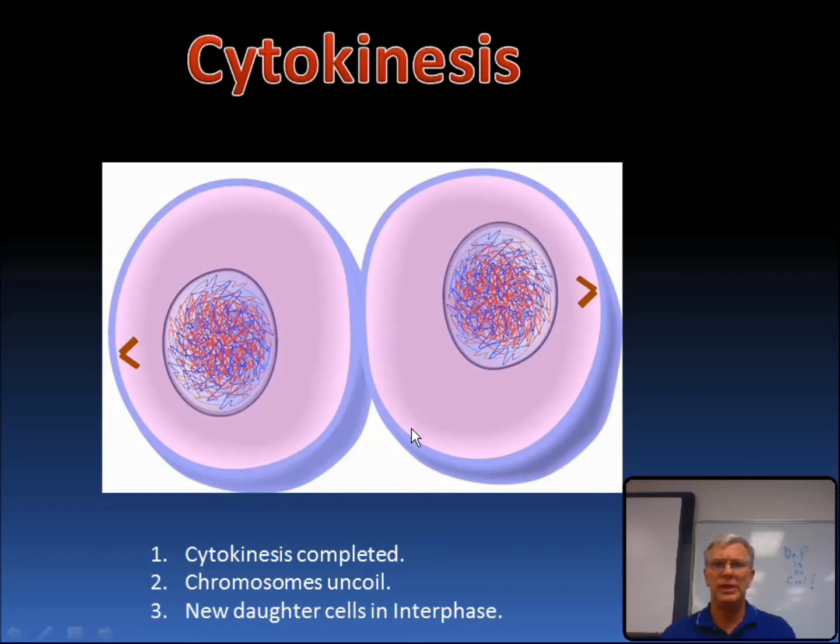Cytokinesis is now completed, and we have two daughter cells. The chromosomes are going to uncoil and get very long and thin and become known as chromatin again. And now we end up with two daughter cells that are now back in interphase, and they're going to restart a new cell cycle.